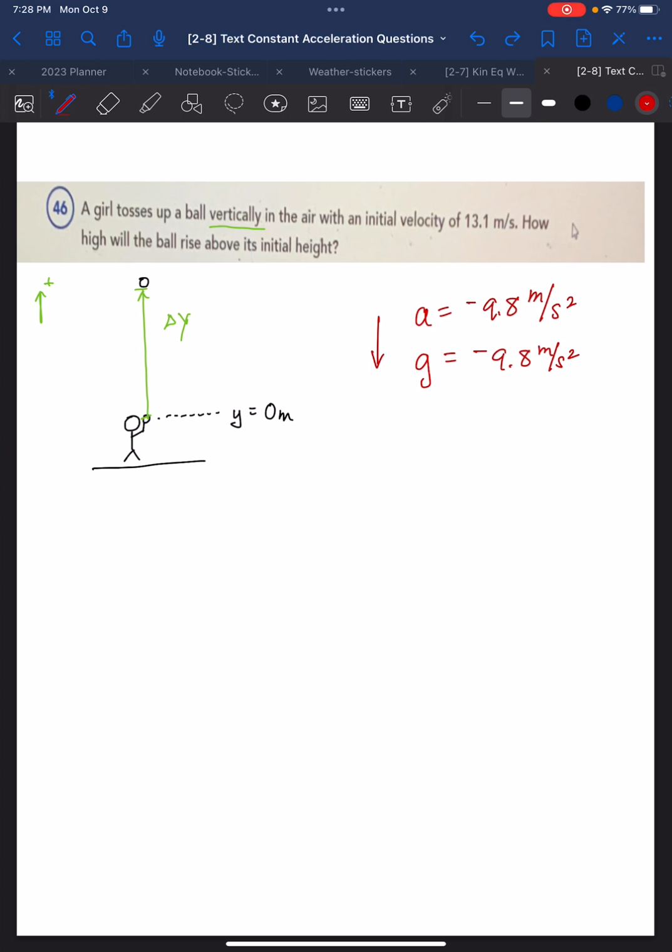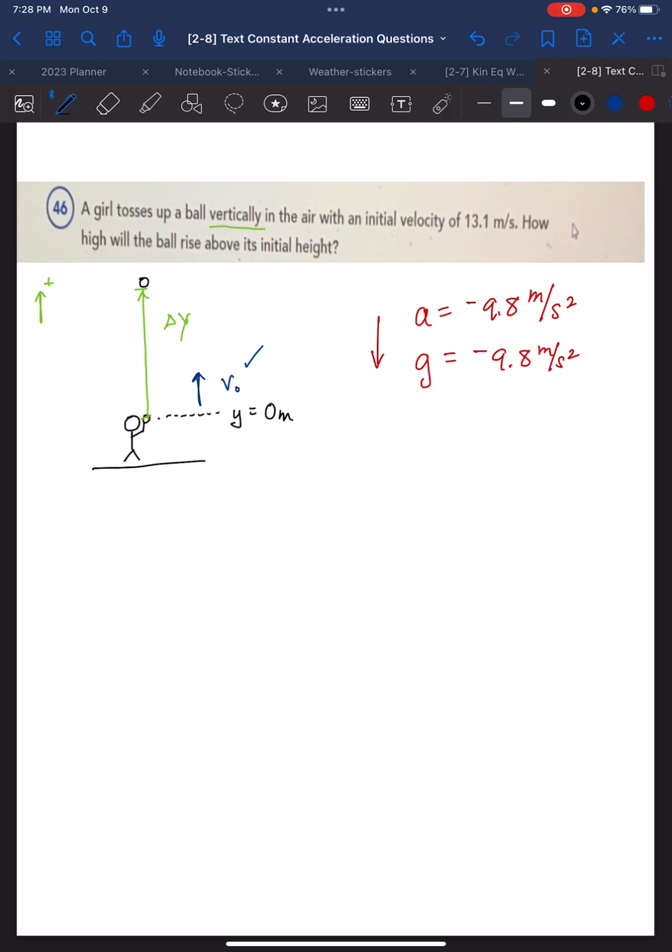I got excited. So I know the initial velocity, and I know the acceleration, and I want to figure out delta y. Okay, so I'm tired of just giving you the wrong equations. I think that this kind of equation would work out pretty well.